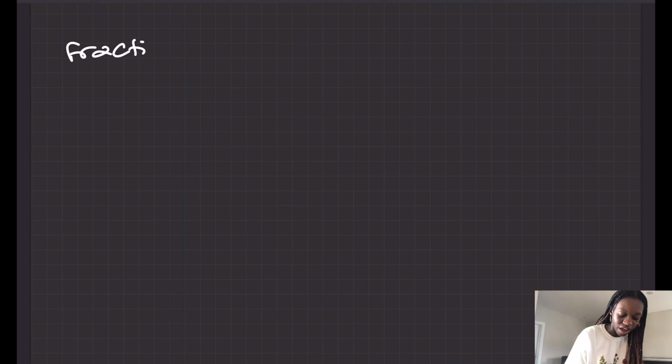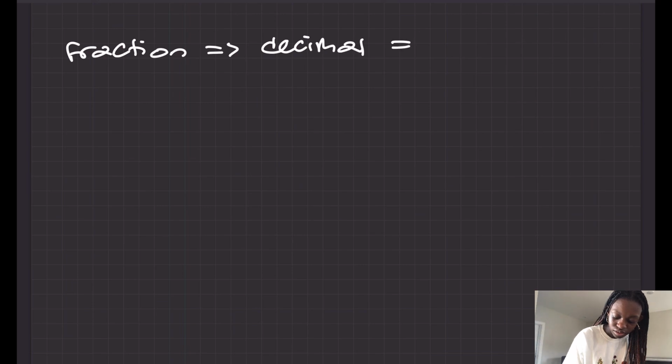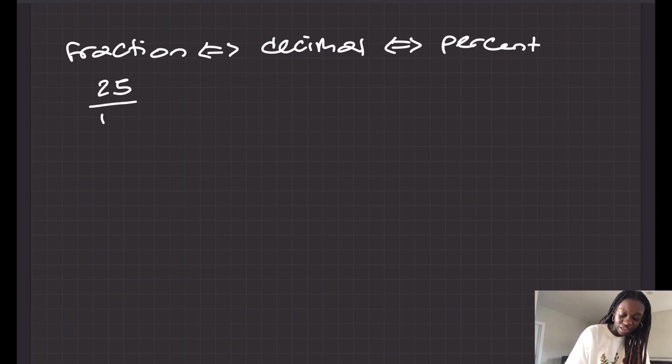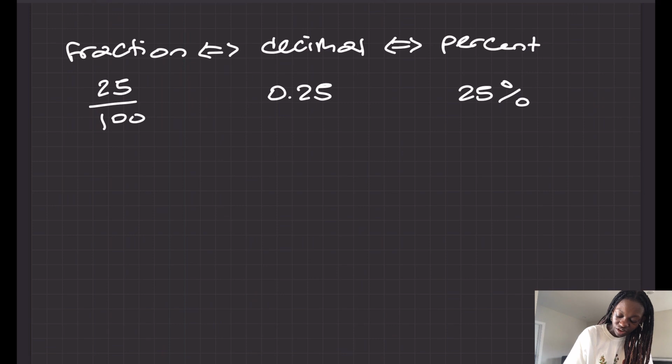You might recall from studying math that fraction, decimal and percent are all kind of interrelated, right? You know that if you have a fraction that's 25 out of 100, the decimal is 0.25 and the percent is 25%, right? So fraction, decimal, percentage, they're all kind of interrelated.